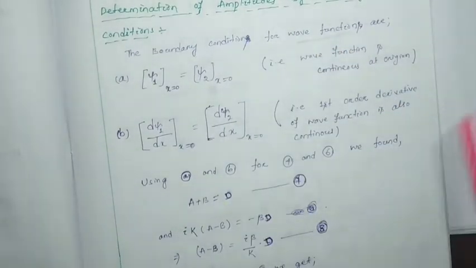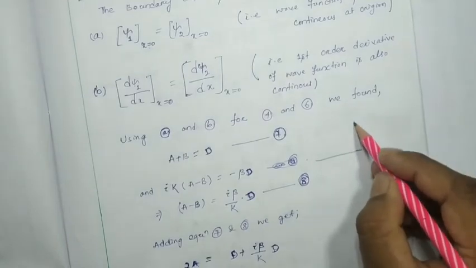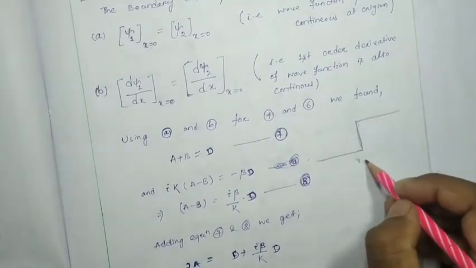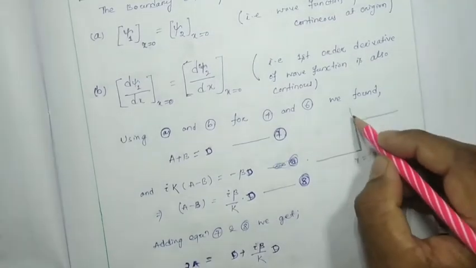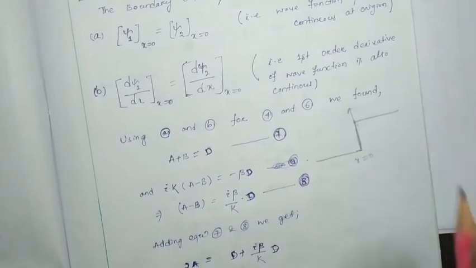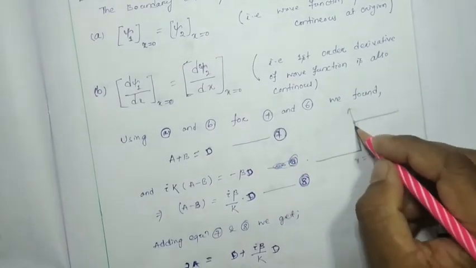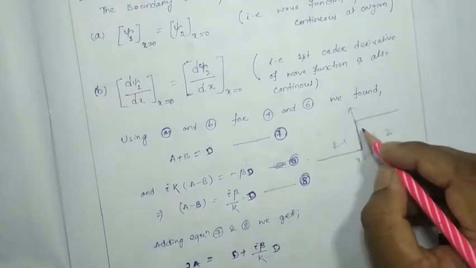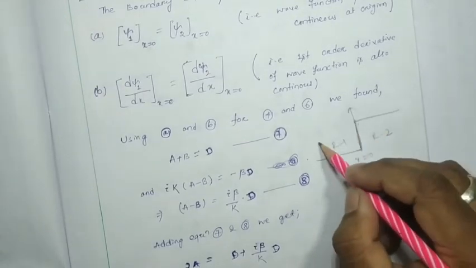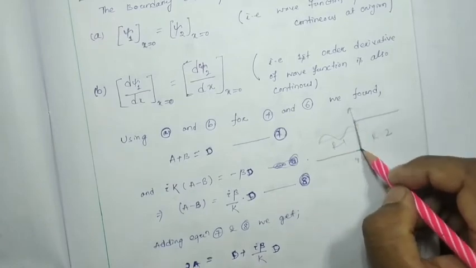The boundary conditions for the wave functions are psi 1 at x equal to 0 should be equal to psi 2 at x equal to 0. See here, this is the interface, meaning at x equal to 0 the two regions are joined together. At this interface, the wave function travels from region 1 and interacts at the interface.